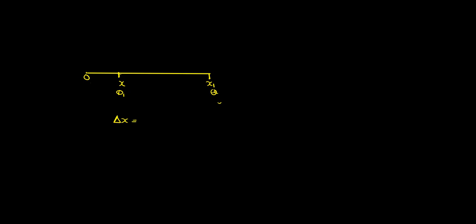All right, so that's the change in x. Then again we can also have a change in y. Let's say I have a point in y there, and this is my y and this is my y1. So the change in y is equal to y1 minus y. All right, so that's the change in y.